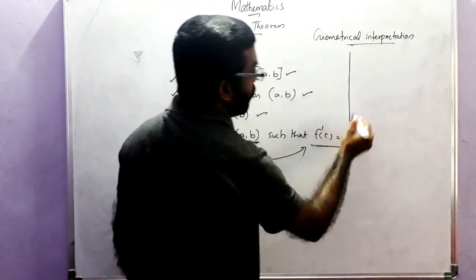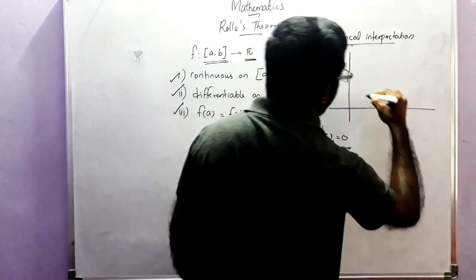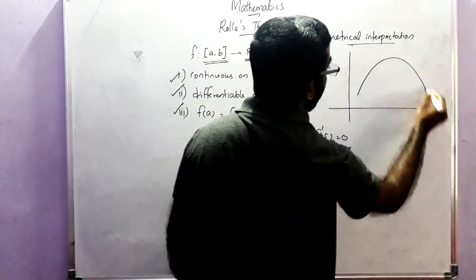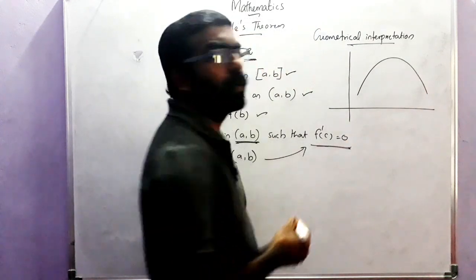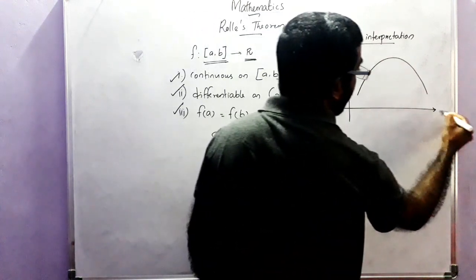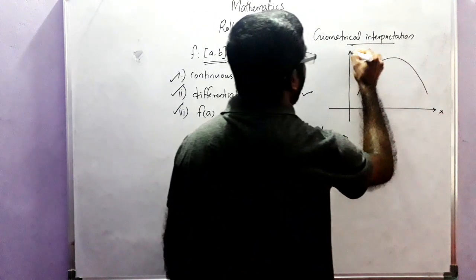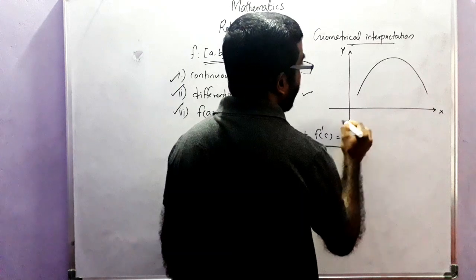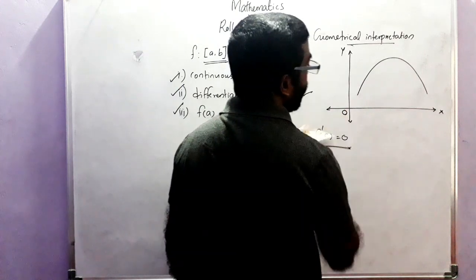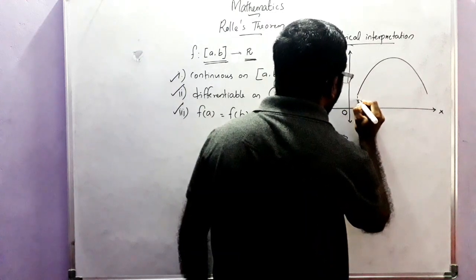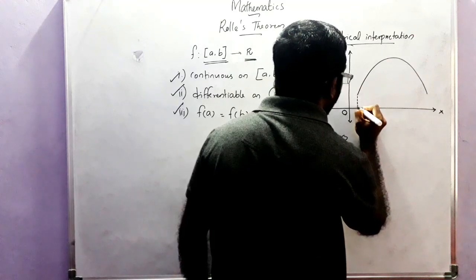Consider this graph. Y is equal to f of x, here x, y. Now I draw a perpendicular from this point.